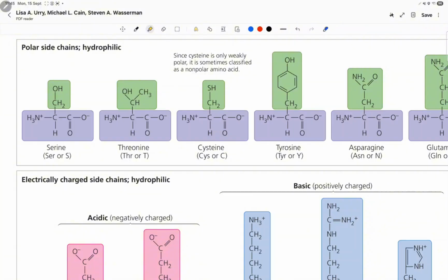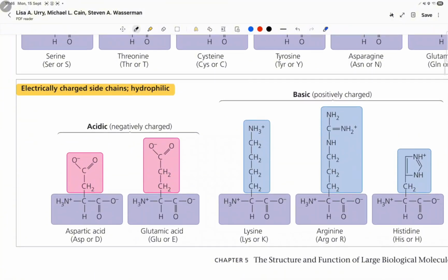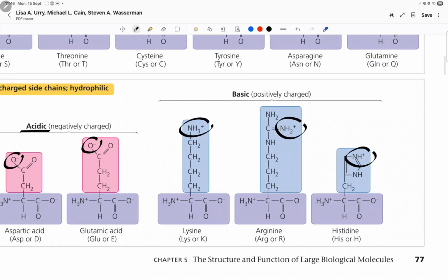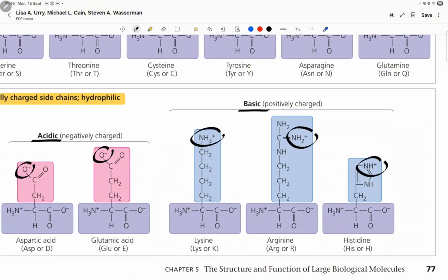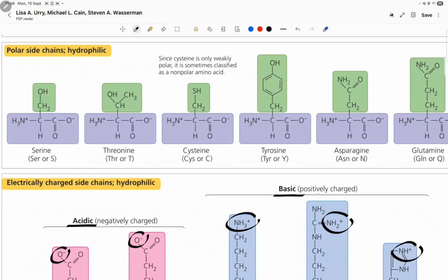So if you know the hydrophilic ones, and if you see one that does not look hydrophilic, then it has to be hydrophobic. So how do you know if the amino acid is hydrophilic or not? Look at the side chain. If it's negatively charged, it's acidic hydrophilic. If it's positively charged, then it's going to be basic hydrophilic. And if it's not acidic or basic, it will be simply neutral hydrophilic.